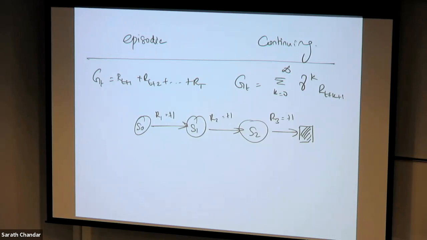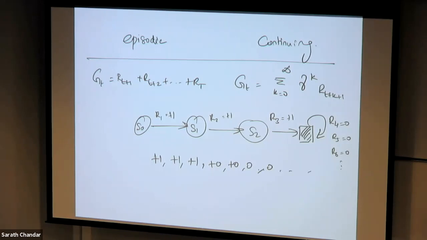When the episode ends, I can just assume that you enter a dummy state where you always come back to this dummy state an infinite number of times with reward 0. So now this is a continuing task. The reward sequence here is +1, +1, +1. If you stop here, that is episodic. But I'm not stopping here; I will just have 0, 0, and so on.